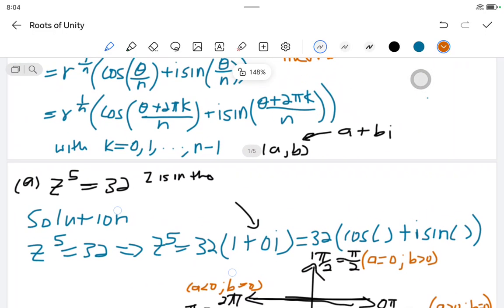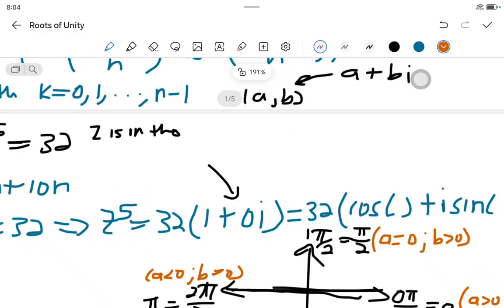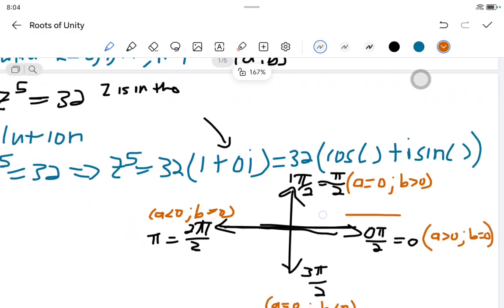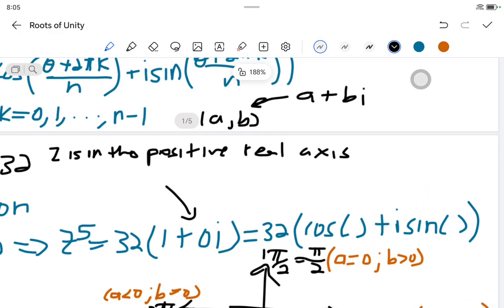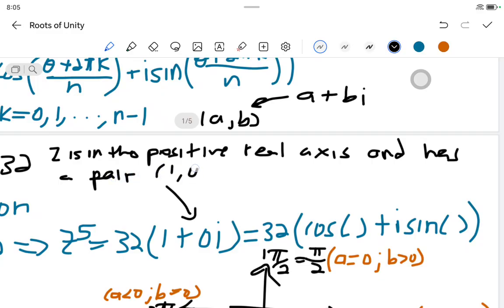So if we check here, we have Z is in the positive real axis and has the pair 1, 0.